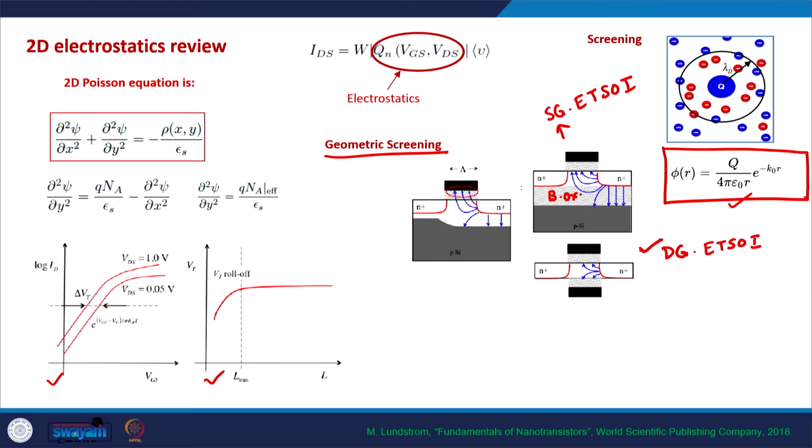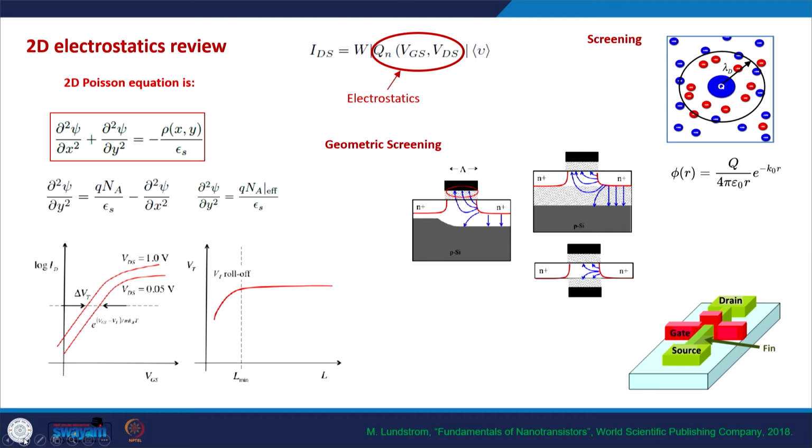So as the name suggests, in FDSOI the channel is fully depleted, and FDSOI is an extremely thin silicon on insulator, and this is essentially FDSOI MOSFETs. This is single gate, this is double gate, and as is clear from the figure, the geometric screening length in DG-ETSOI MOSFET is smaller as compared to the single gate ETSOI MOSFET.